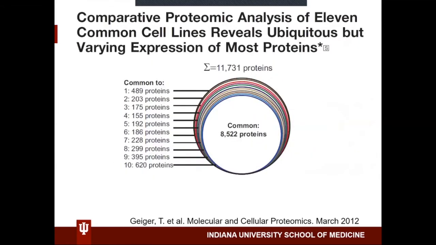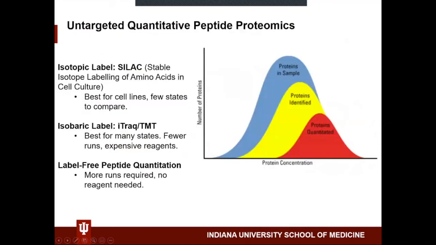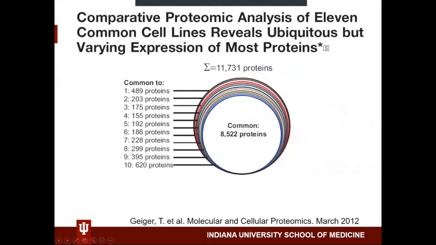There's been a few different really intense proteomics papers out. This March 2012 paper is looking at 11 common cell lines. It's the same idea as this graph, where there are some proteins that are more abundant. Across 11 cell lines, 8,500 proteins were common among them all.